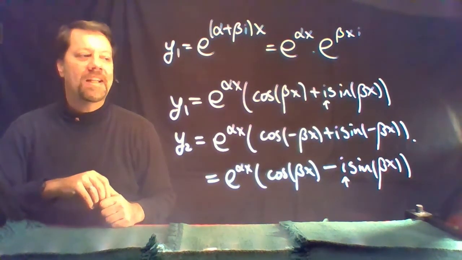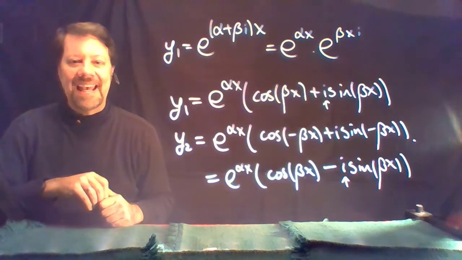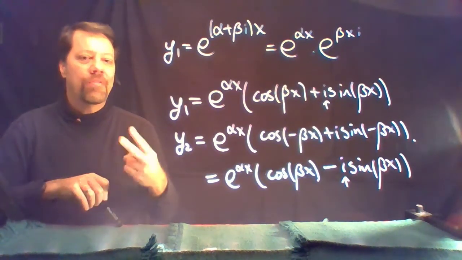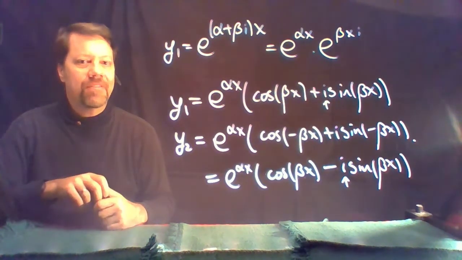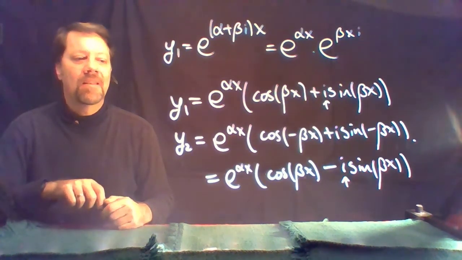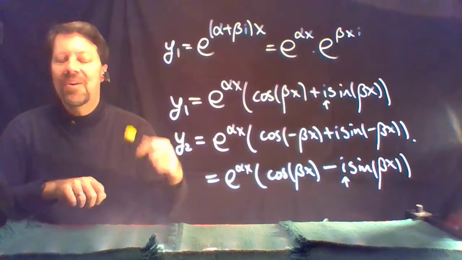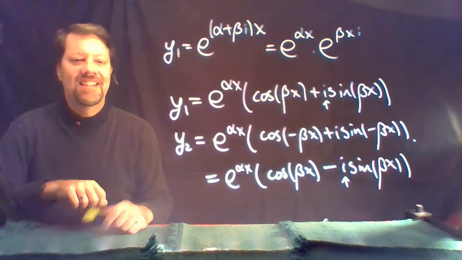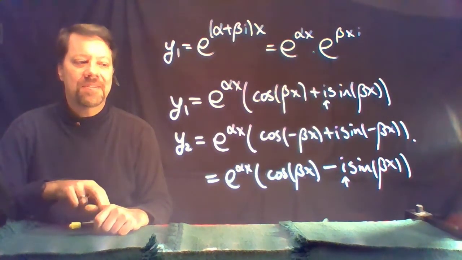We need to find a way to combine these in order to eliminate this imaginary unit, if we can, and end up with two linearly independent solutions. Remember, our theory says that if you have two linearly independent solutions to the second-order linear constant coefficient homogeneous ordinary differential equation, then you have them all by taking arbitrary linear combinations.